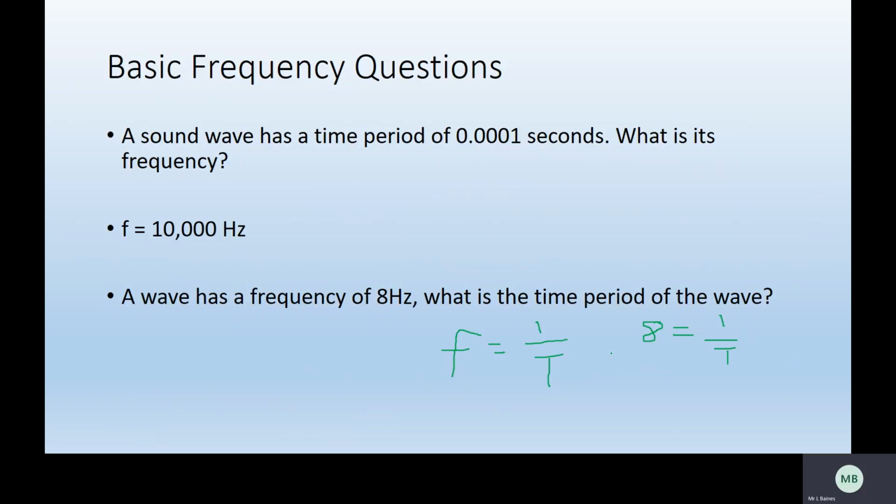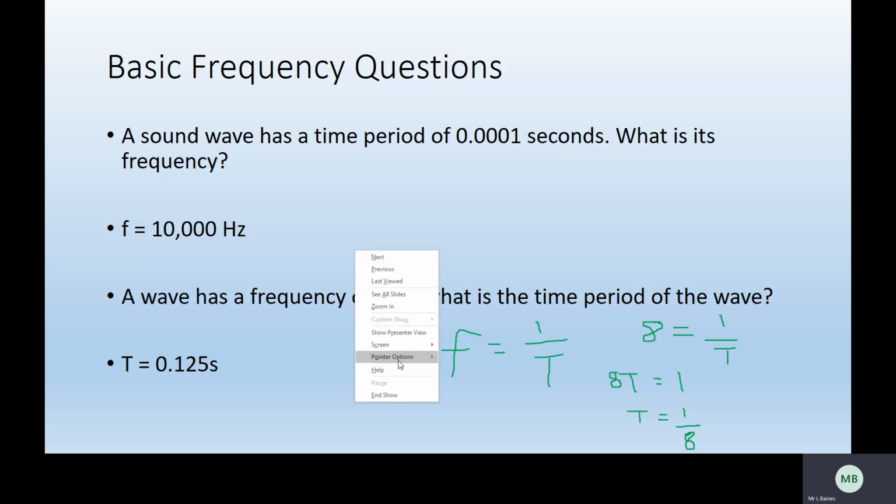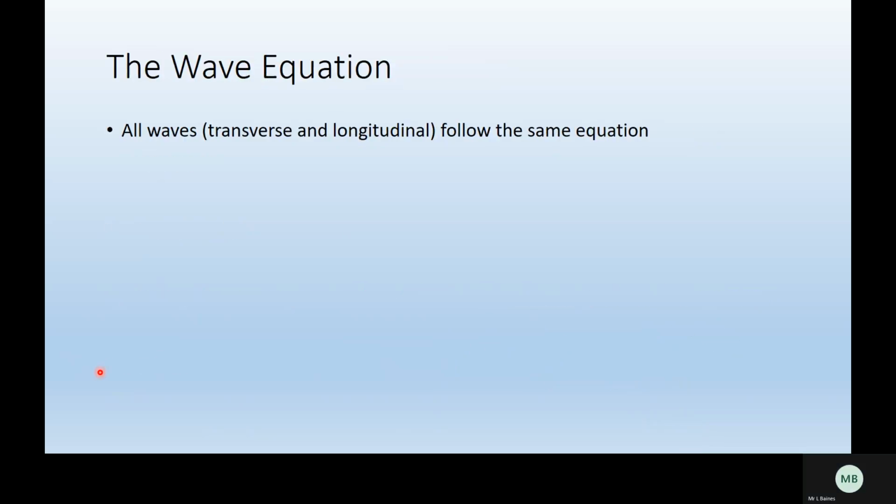And then I can start to rearrange this formula. 8t equals 1, and then t equals 1 divided by 8, which gives us a final value of t is 0.125 seconds. So learning to rearrange this formula is going to be really important.